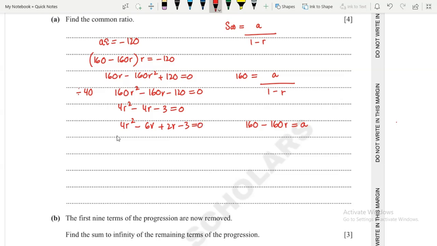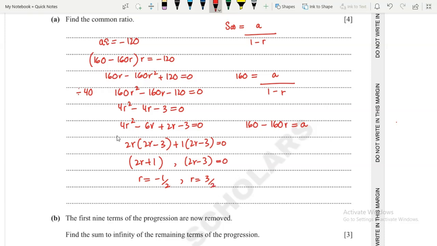I'll take 2r common, so 2r into 2r is 4r square, minus 3, and plus 1 into 2r minus 3 is equal to 0. So it is 2r plus 1 and 2r minus 3 equal to 0. Now this one will become r is equal to minus half and r is equal to 3 by 2.